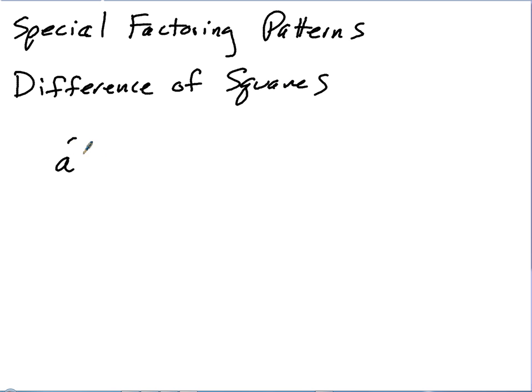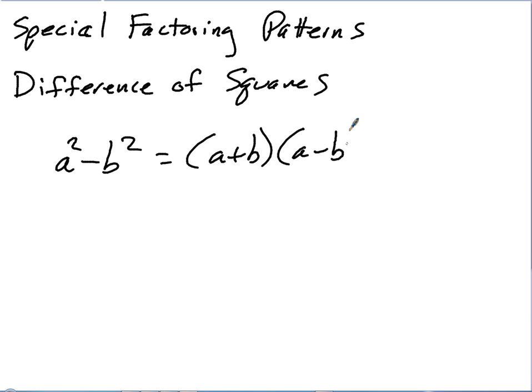Difference of squares is any pattern that fits that form: something squared minus something else squared. And if you ever see that factoring pattern, the answer is really simple. It's always just the factors a plus b times a minus b every time. We call it the conjugate factoring pattern because those are conjugates. We'll talk more about that later.